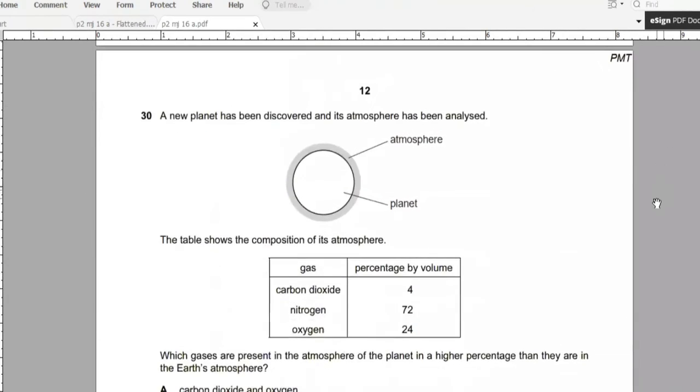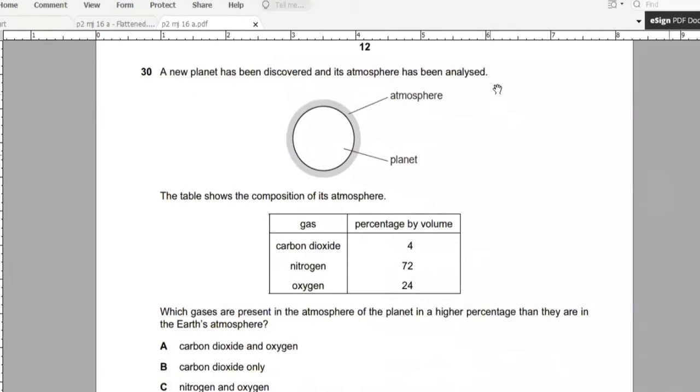Okay, 30. A new planet has been discovered and its atmosphere has been analyzed. So it is a hypothetical question. A table shows the composition of its atmosphere.